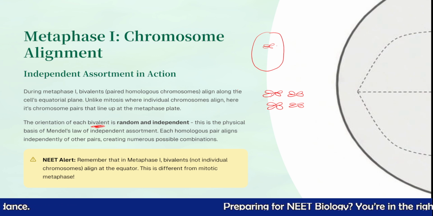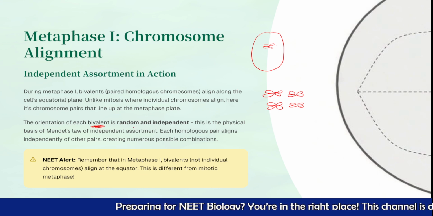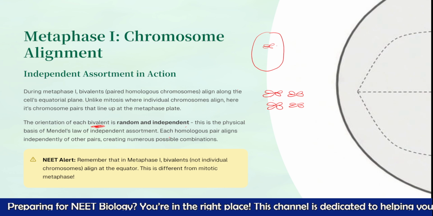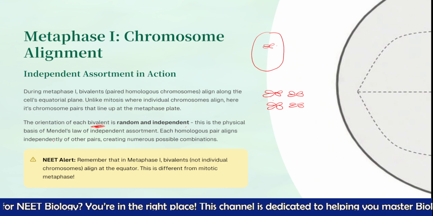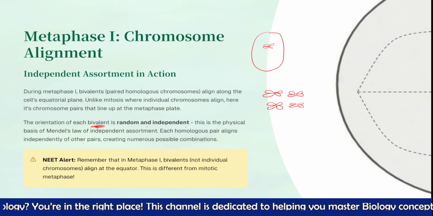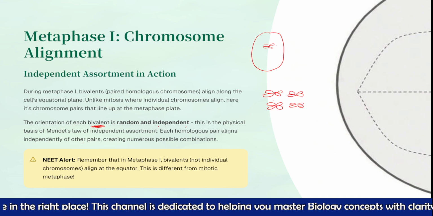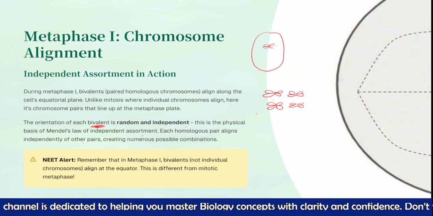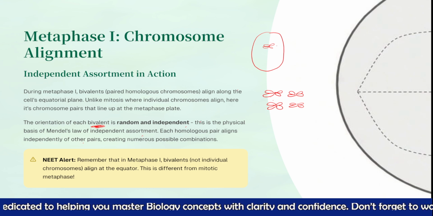Bivalent means the paired chromosomes. It is random and independent. Each homologous pair aligns independently. Like in the genetics part, we will study the law of independent assortment. They align independently, the homologous chromosomes, and form the metaphase plate.